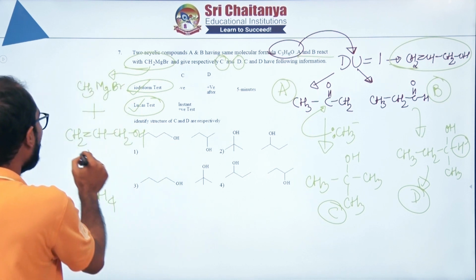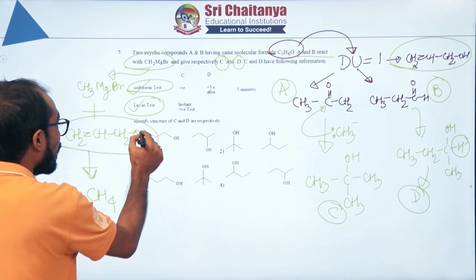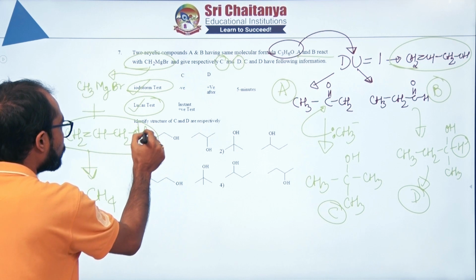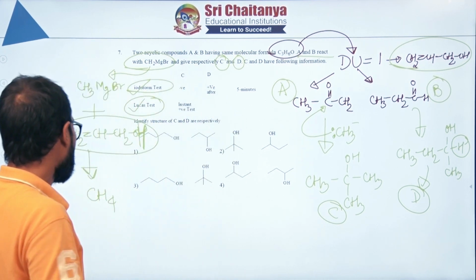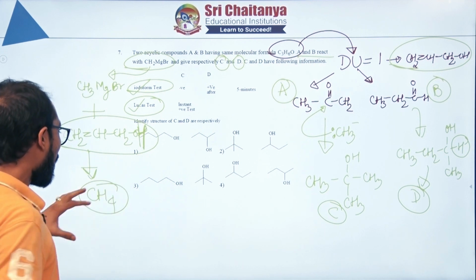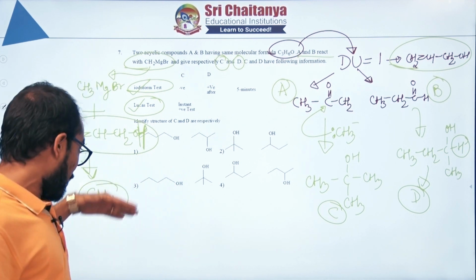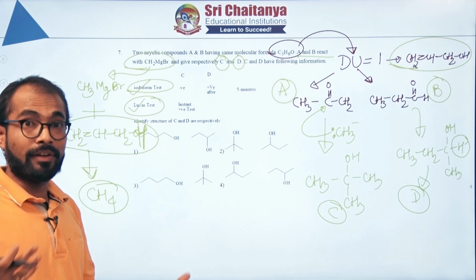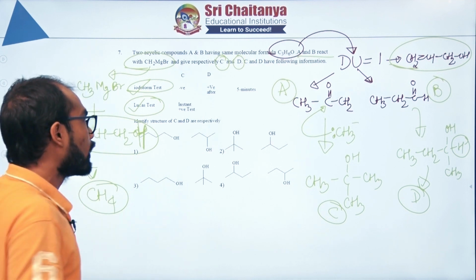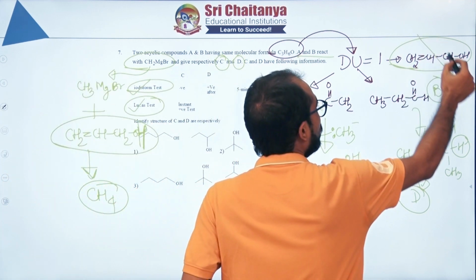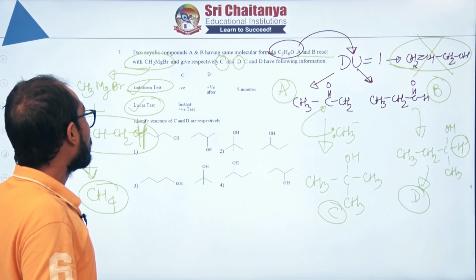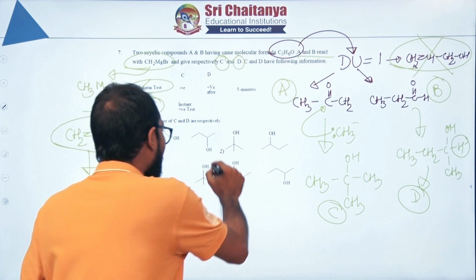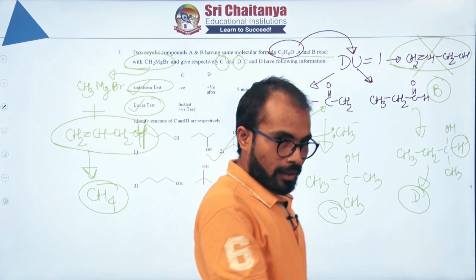Now, in this particular compound we have acidic hydrogen. This hydrogen is acidic. So, it is going to react with that particular hydrogen, and you are going to get CH4, which is a gas. Now, this is not relevant with the information given in the question. So, we will simply not consider this particular compound. So, here is what you have on the screen, and if you closely observe the compounds C and D, they will be option number 2, right.